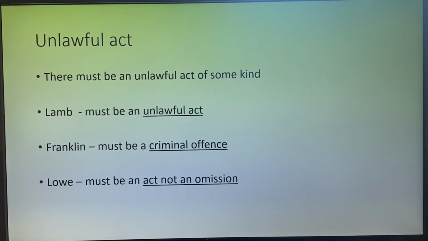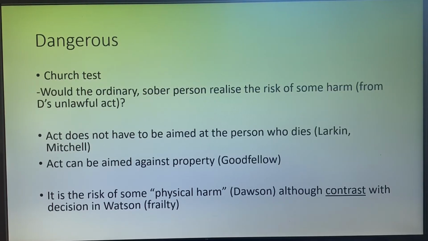The more complicated part of this offence is the second part, which is that the act has to be dangerous. Now, obviously, we all have our interpretations of dangerous, but the actual legal interpretation of what that means comes from the case of Church. In Church, the facts are irrelevant, really, but I'll tell you the facts. I think he was arguing with his girlfriend. They got in a fight. He knocked her unconscious.